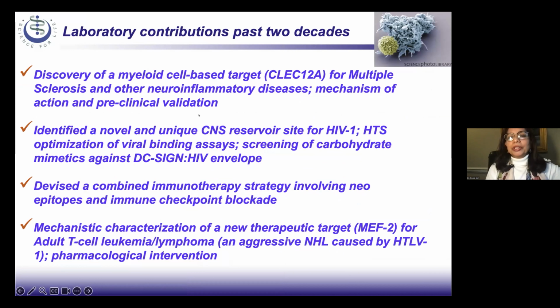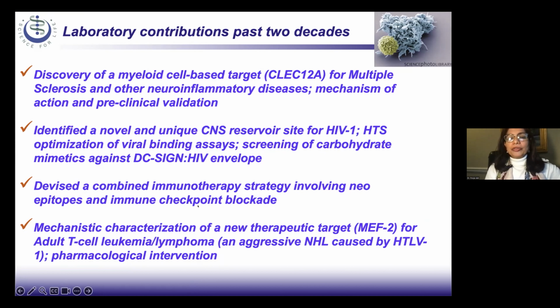These studies really started from my introduction to IVM technology. We also discovered a new and unique reservoir for HIV in AIDS patients undergoing therapy, and this reservoir is the cervical lymph node. That also was a project initiated by my interaction with the intravital live imaging.